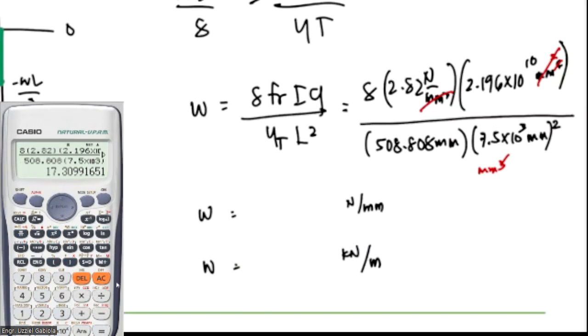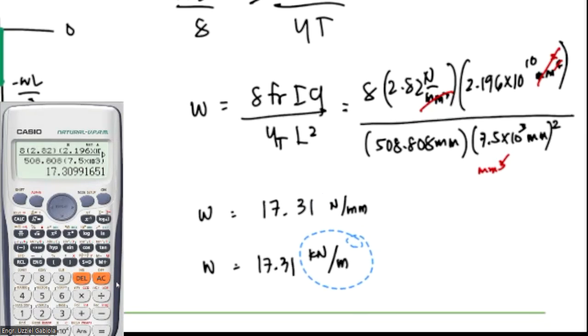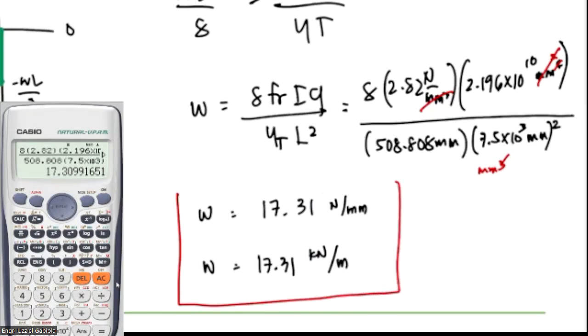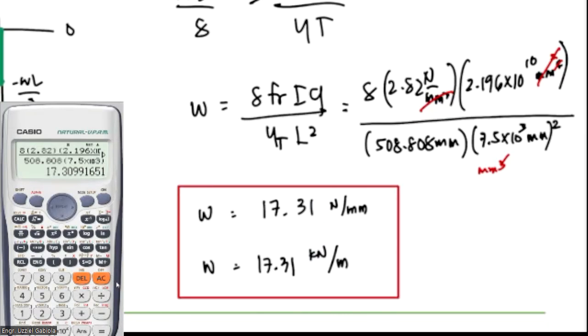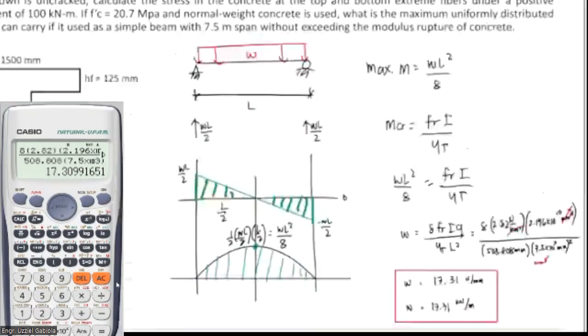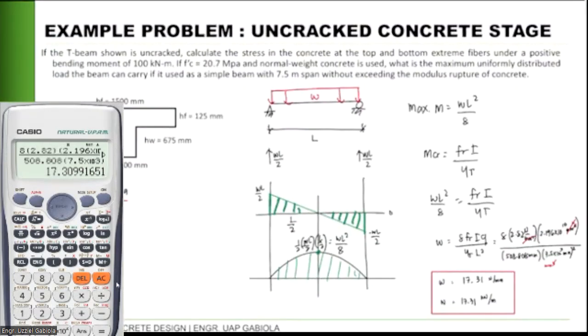So we have 17.31 Newton per mm, which is also equivalent to 17.31 kilonewton per meter when you convert Newton to kilonewton and mm to meters. So this will be our answer for this problem. Okay, so there you have it.